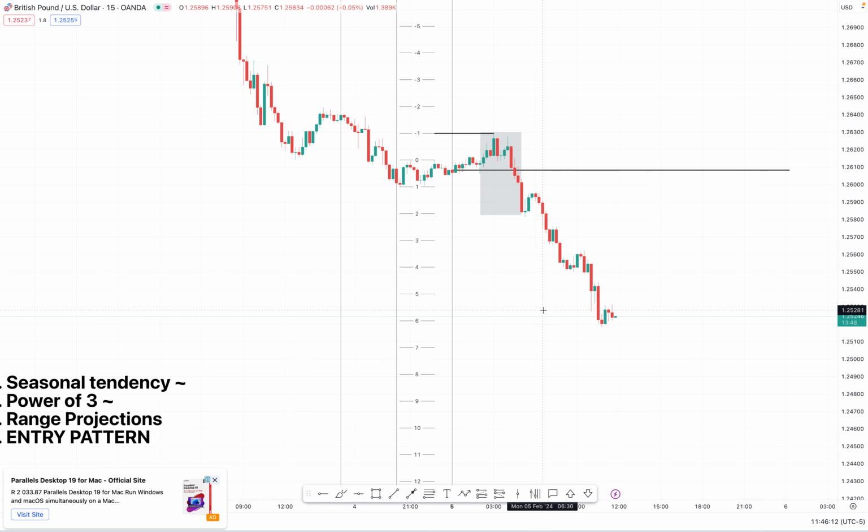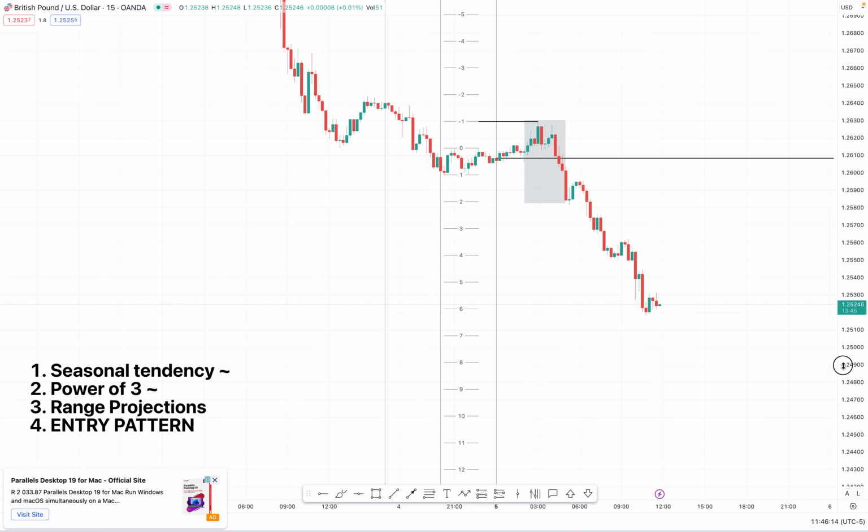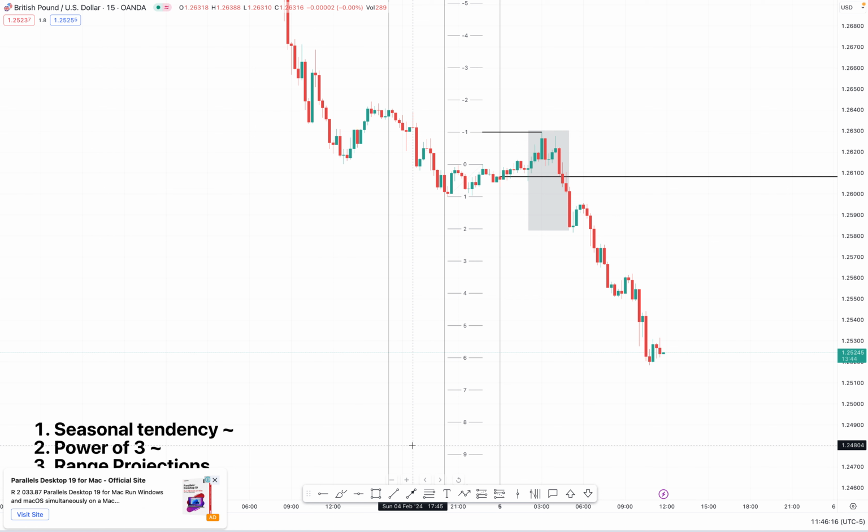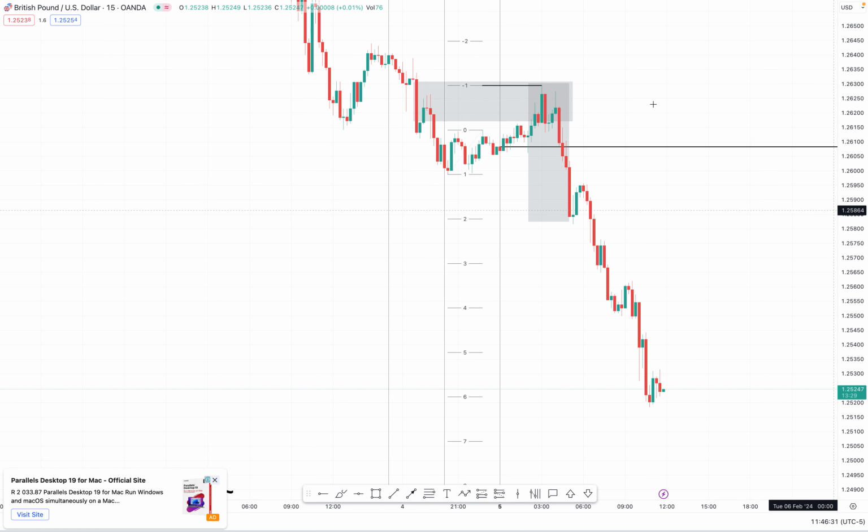And I'll show you a little trick of how to find better entries. You're going to look at what lines up with those levels. So here's a fair value gap. So there's a reason to now reverse there.